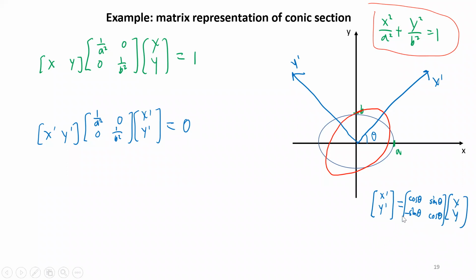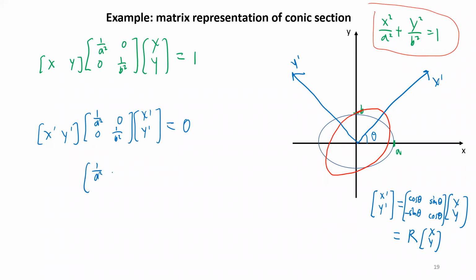So now, if you go ahead and put this relation back to this equation, okay, just to save me some time, I just call this Rxy. So then the second equation here can be written like this.